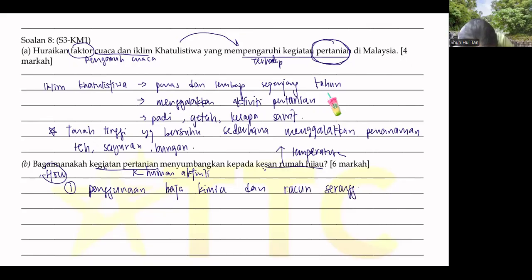And what does it do with kesan rumah hijau? Yes, pesticide. Secara berlebihan, mention a little bit. Your explanation is you're gonna say it will release a lot of gases. Okay, akan melepaskan banyak gas. Okay, gas rumah hijau. Yes.